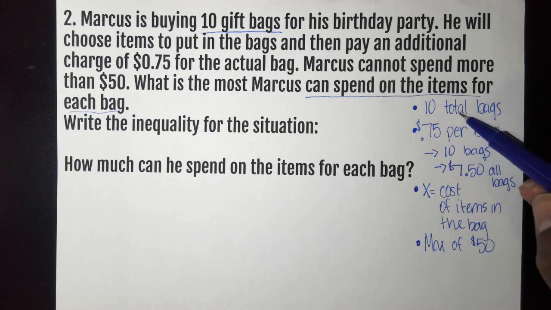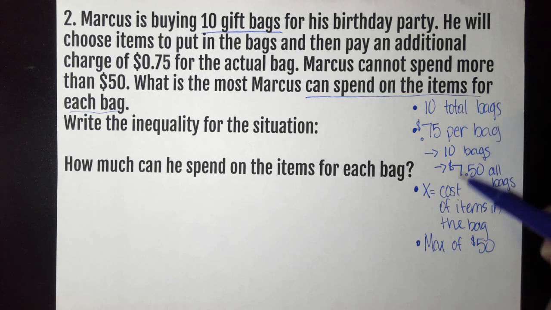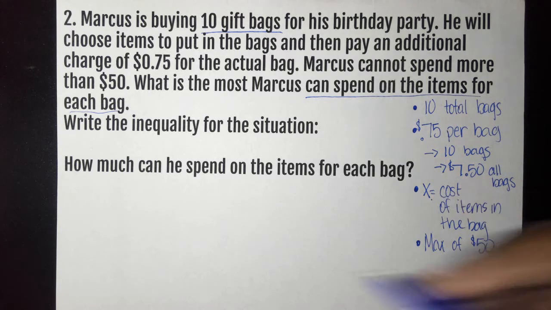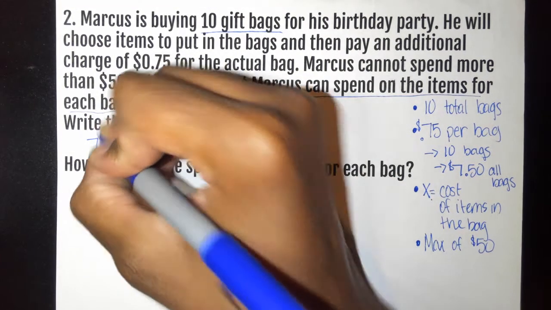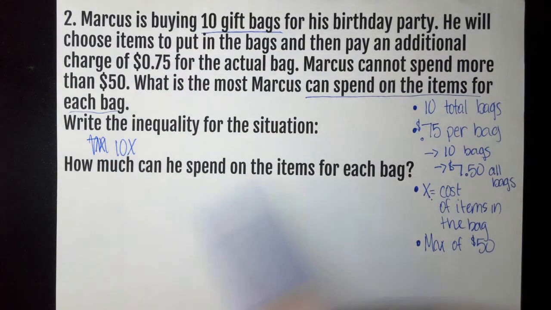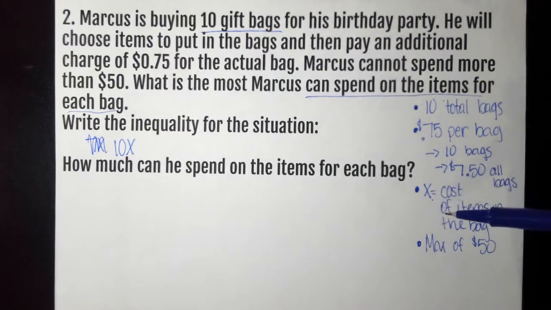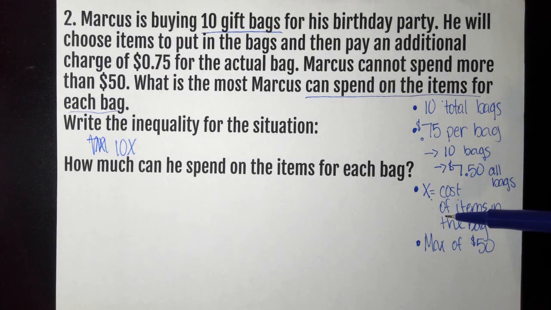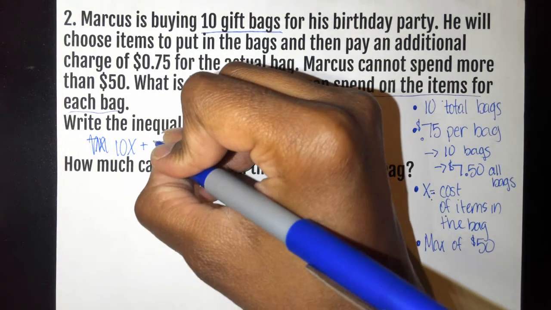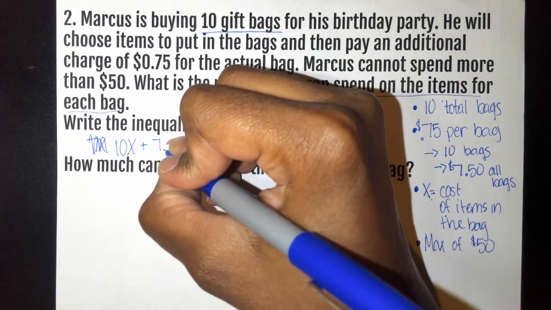So if he is buying 10 bags, and how much money he spends on the items in the bag is X, we can say 10X, so 10 bags times the amount of money he spends on the items in the bag. So 10X plus the amount that he needs to spend on the bags themselves, so $7.50.